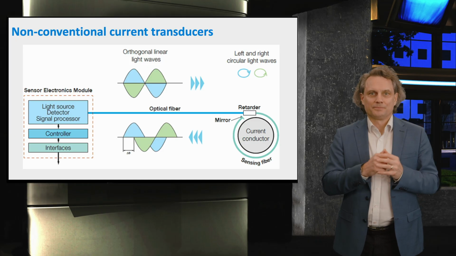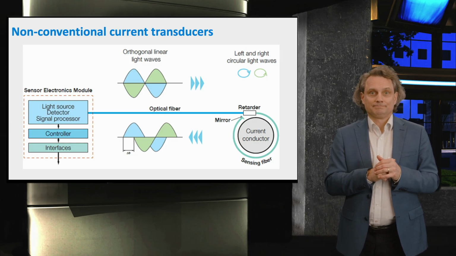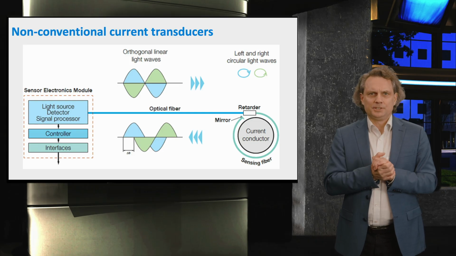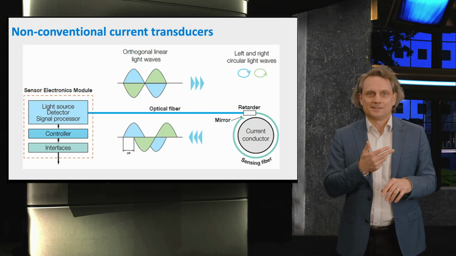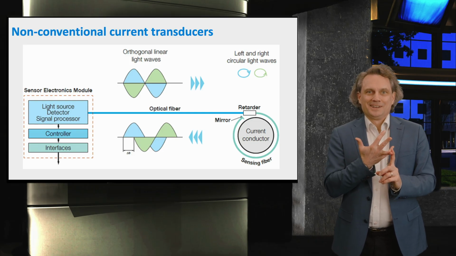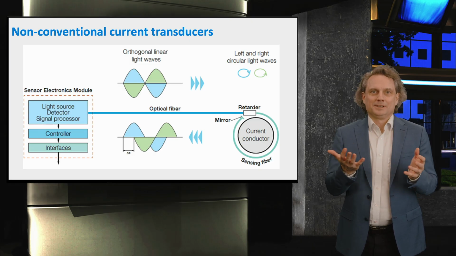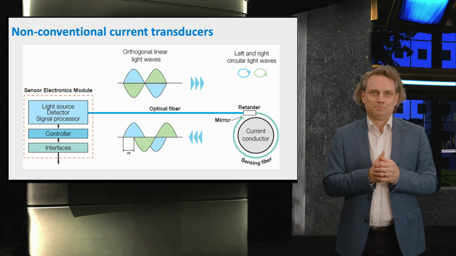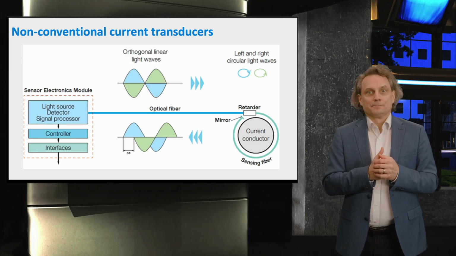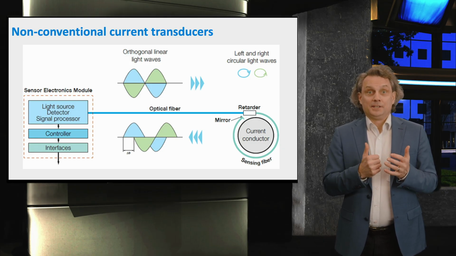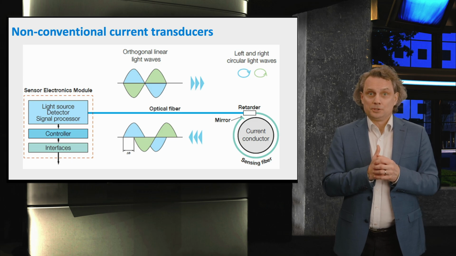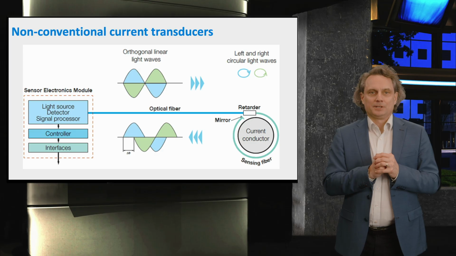The phase shift of the reflected light is used to measure the current. Such CTs are linear, they are fast, they are perfectly safe because the optical fiber is basically a galvanic insulation. It does not pick up any electromagnetic noise at all. At the IED, the signals are converted to digital data and offered to substation applications.